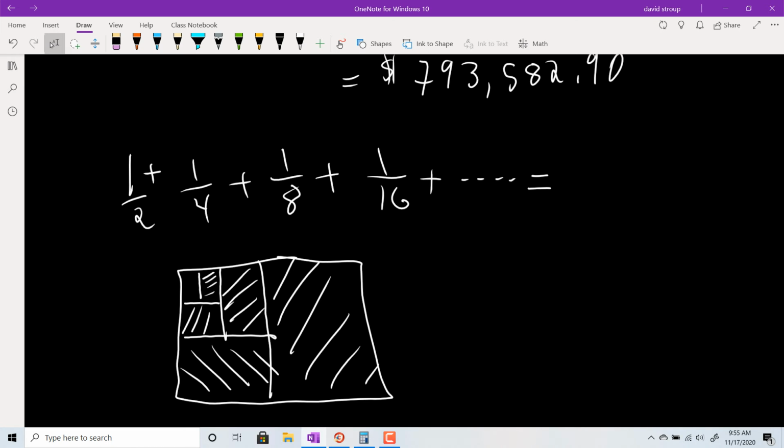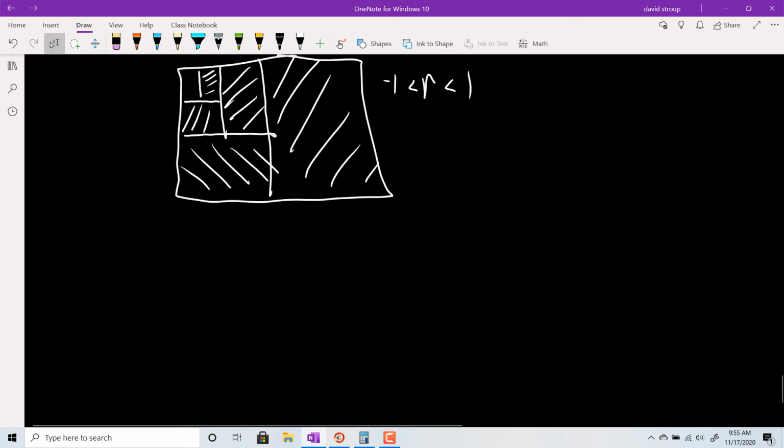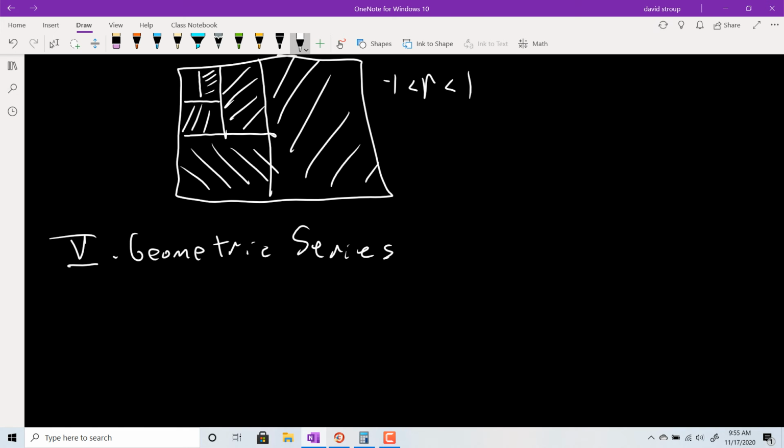So it turns out that in special cases, when the r value is in between -1 and 1, you can add up an infinite number of these terms, and it'll equal something. Okay, so it's called a geometric series, and it has all kinds of applications later on for evaluating weird functions like logarithms.